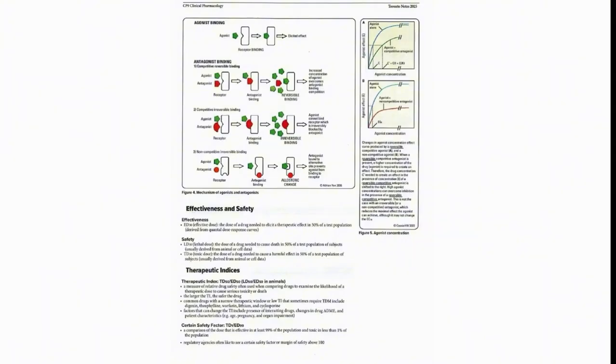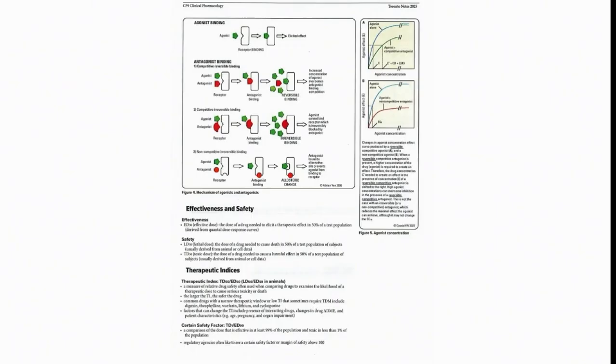ED50 measures drug effectiveness. TD50 and LD50 measure drug toxicity and lethality. The therapeutic index, TD50 over ED50, estimates a drug's safety margin. The larger the index, the safer the drug.